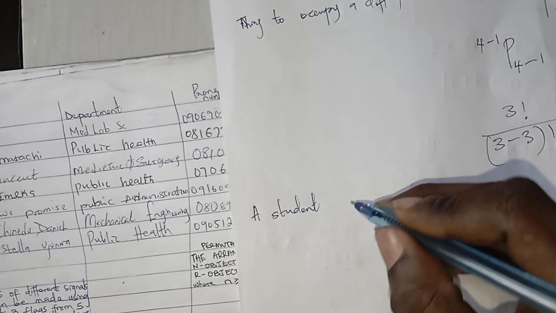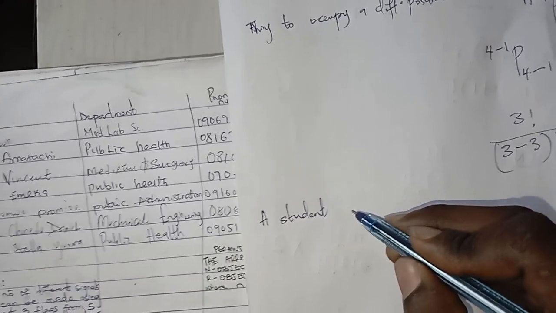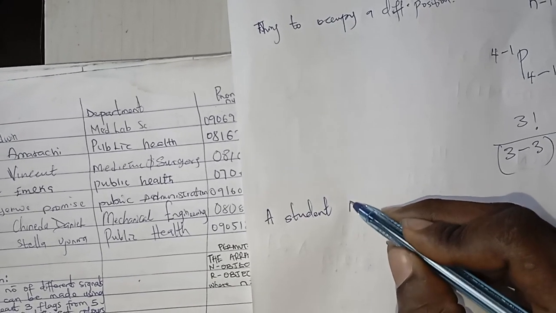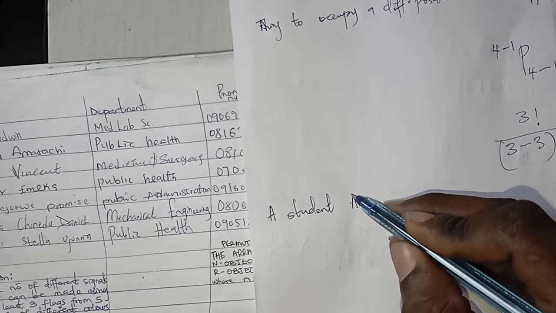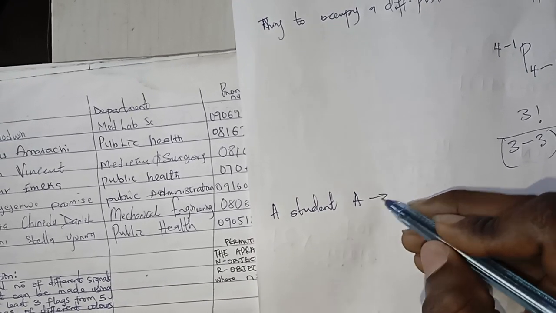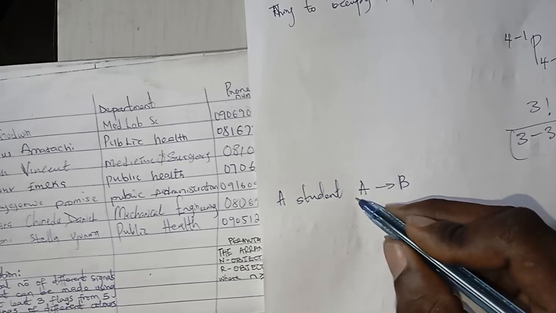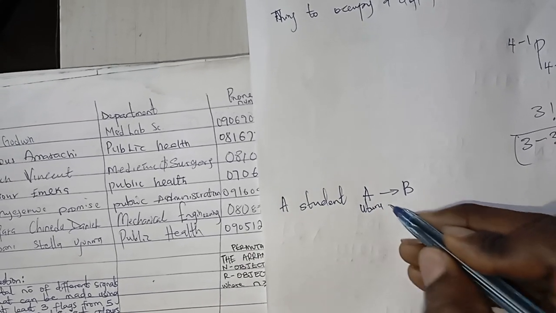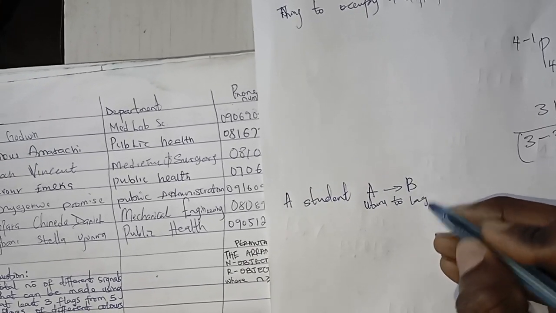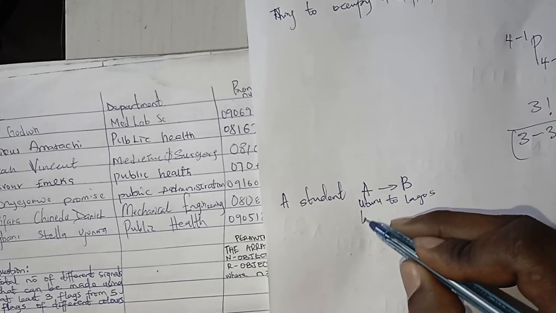So if I'm asked a question like this, it takes a student's route, that is, route A to B, like from Uturu to Lagos and Lagos to Uturu.